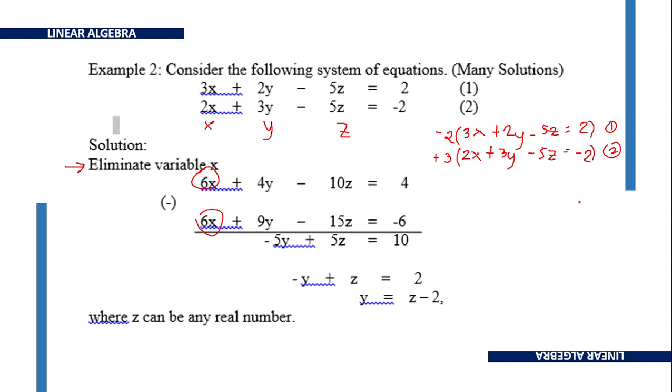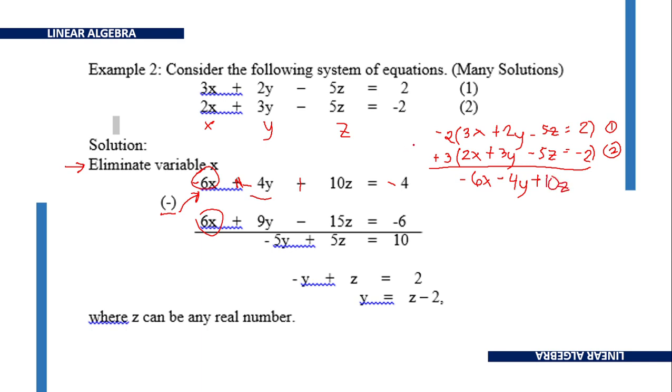Let's continue and simplify. Negative 2 times 3x is negative 6x. As you can see, there is a negative here, so you can distribute it. Negative 2 times positive 2y... sorry, negative 2 times 2y, so we have negative 4y. Negative 2 times negative 5z, so we have positive 10z.